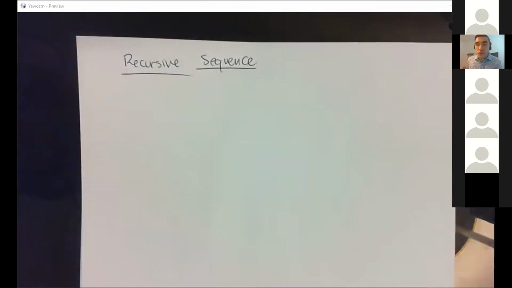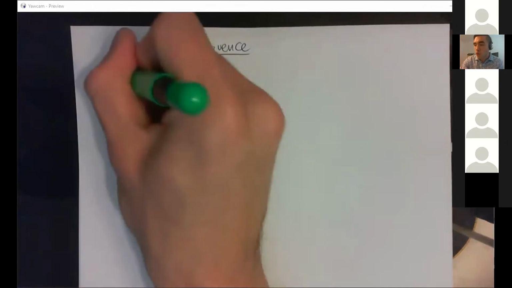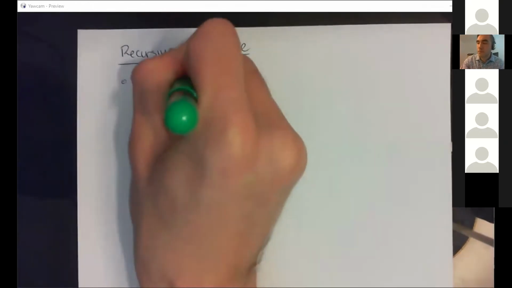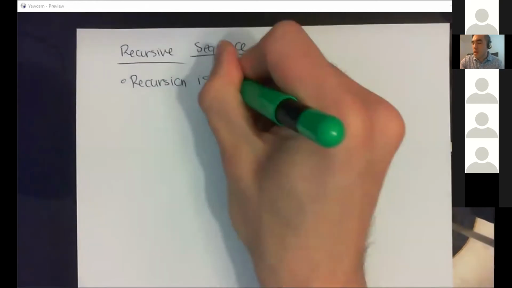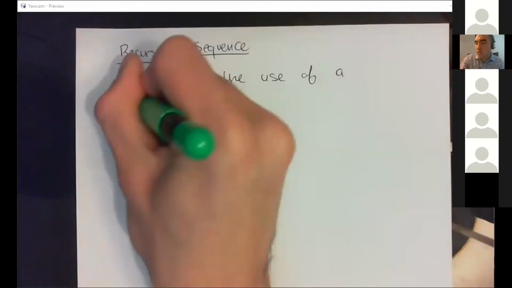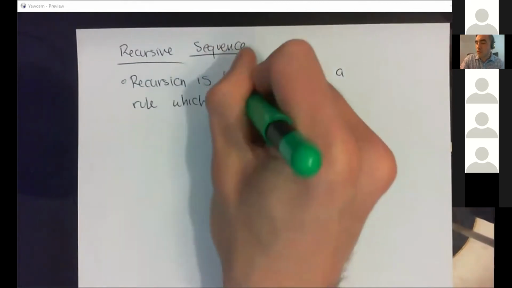In general, in math, and more importantly in computer science when y'all get there next year, which most of you should have to take some kind of fundamental computer science course, recursion is the use of a rule which refers to itself.